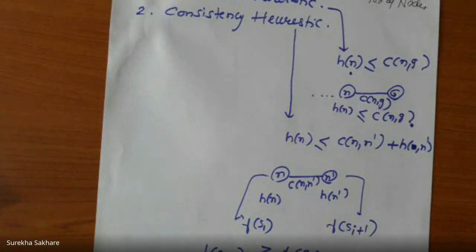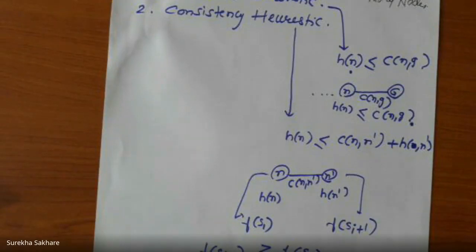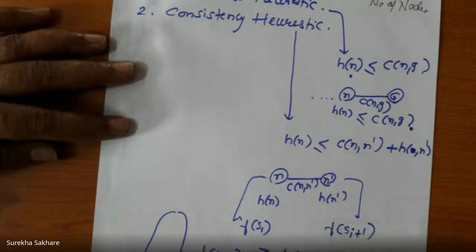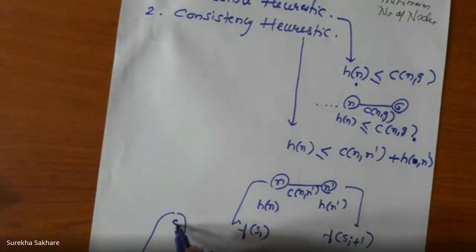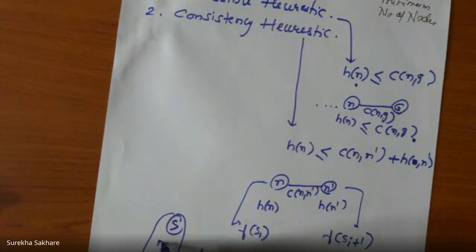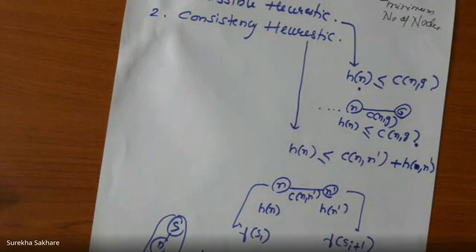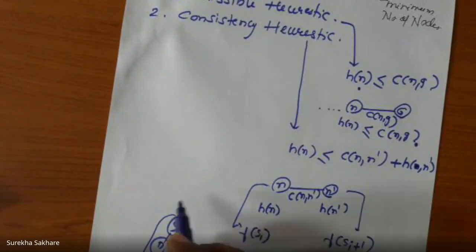So if I have a sequence of nodes, suppose I have a start, I have this A node, I have some C node, I have a B node, I have the goal. My f value here, if it is 8, my f value for this condition is f of 8.